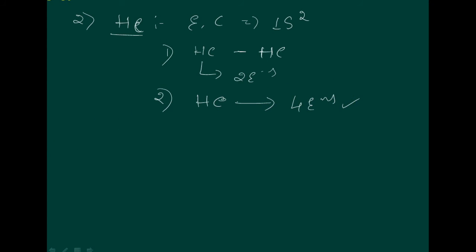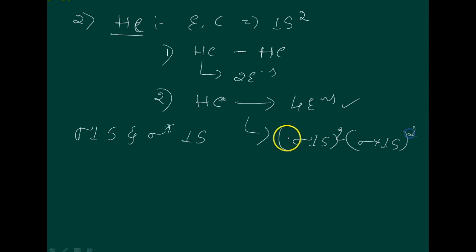These electrons are accommodated in sigma 1s and sigma star 1s, the bonding and anti-bonding orbitals. So the configuration is sigma 1s whole square, sigma star 1s whole square.